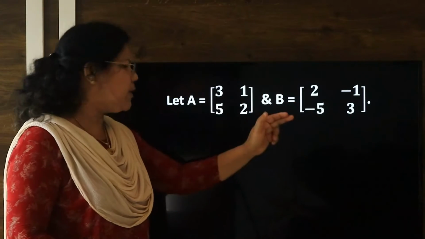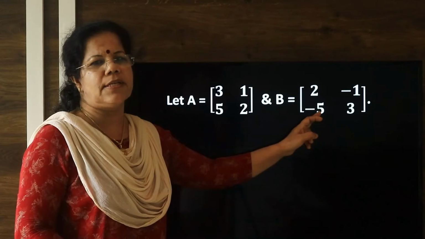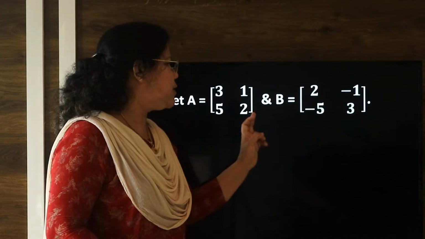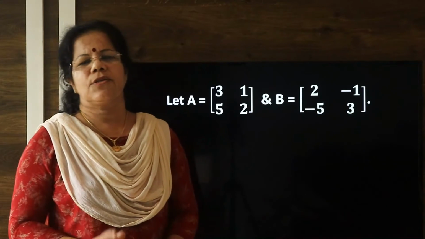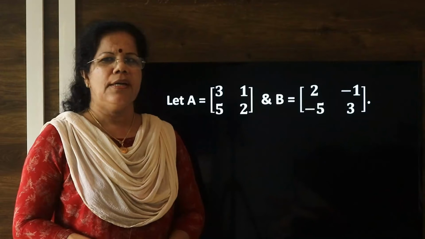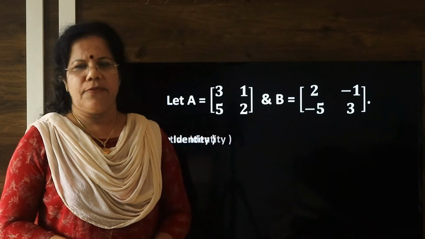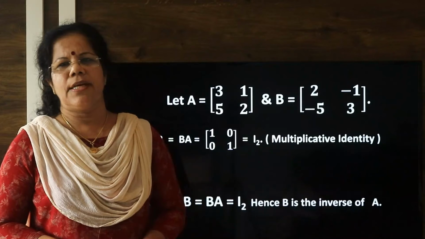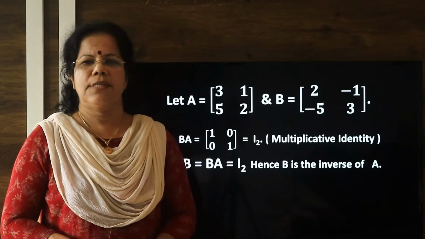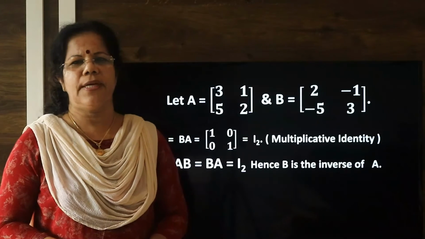Second row, first element: 5 into 2, 10, plus 2 into negative 5, negative 10, is equal to 0. 5 into negative 5 plus 6, once again 1. So you get the matrix 1 0 0 1, that is I2. Here A into B is equal to I2. So A is the multiplicative inverse of B and B is the multiplicative inverse of A, or simply we say A is the inverse of B and B is the inverse of A.